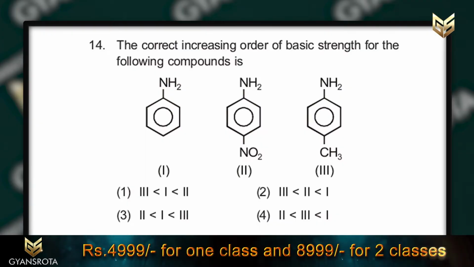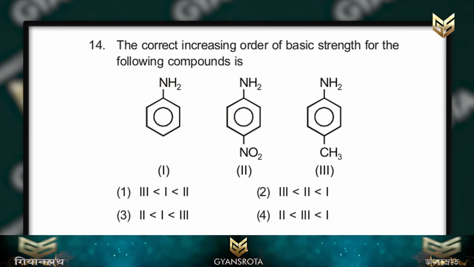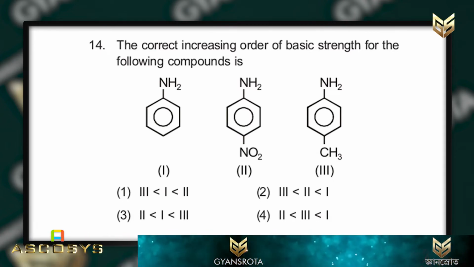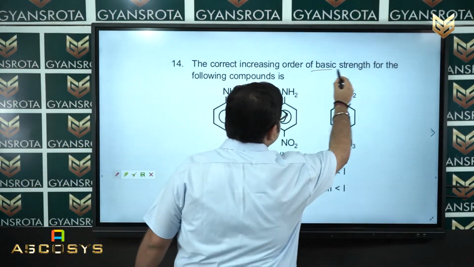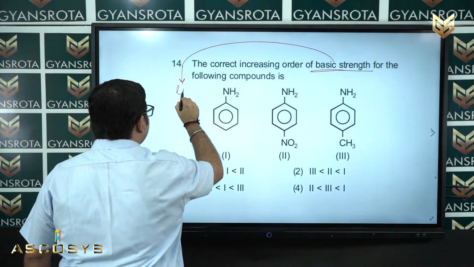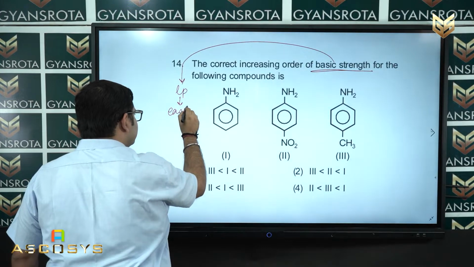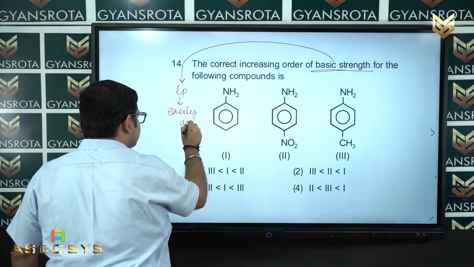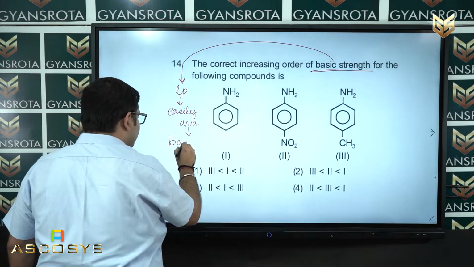Question number 14 is on your screen. The correct increasing order of basic strength for the following compounds is. Now if you are moving to the solution part, see, basic strength is linked with your lone pairs. When these lone pairs are easily available, then that compound is more basic.